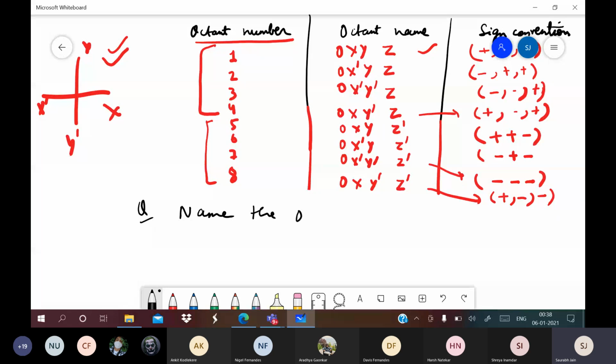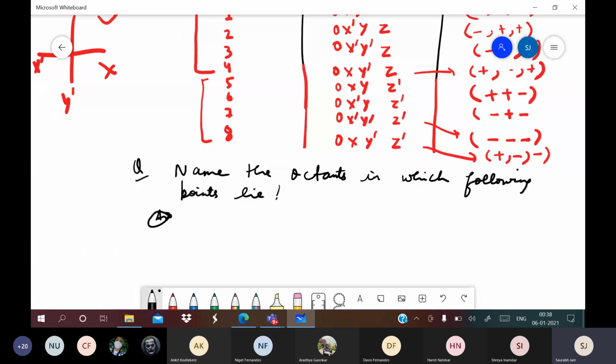Name the octants in which the following points lie. And the answer parts are there. We will take some points.